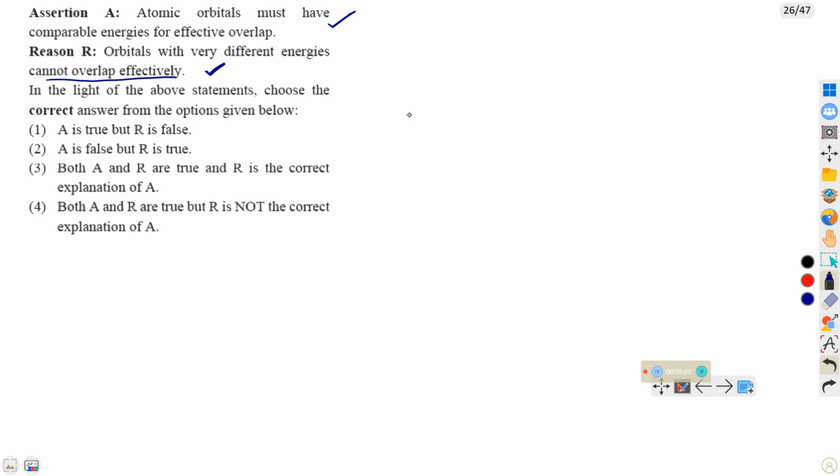Because electron density cannot stabilize between the nuclei.